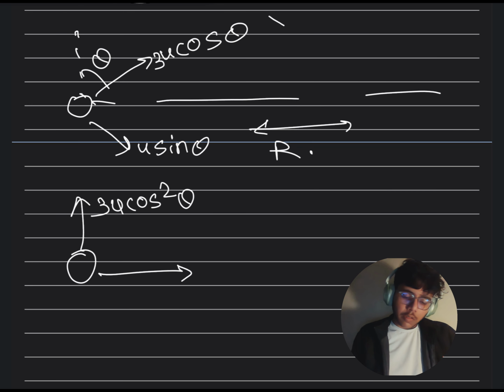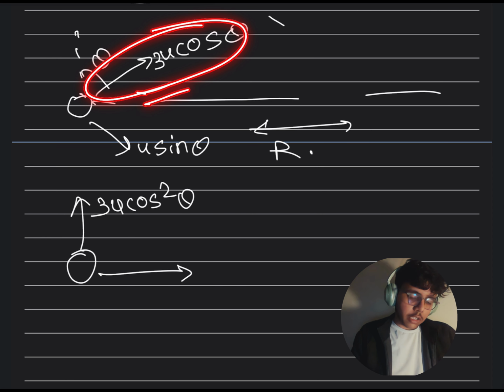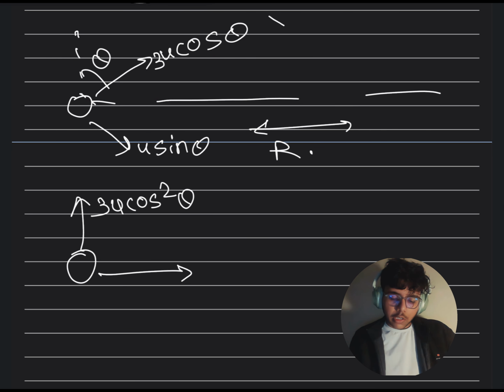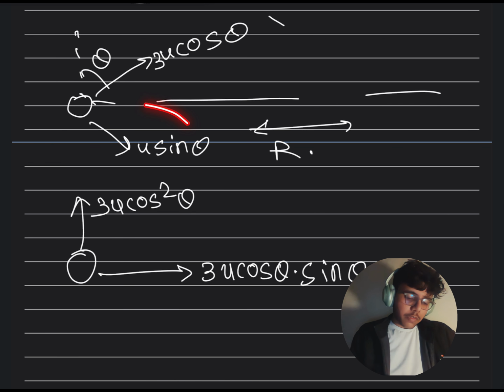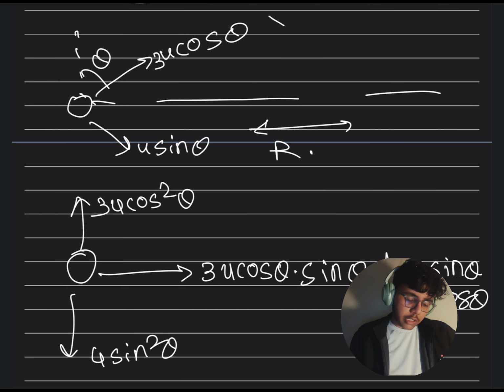In this direction we are making the components of this velocity vector in perpendicular direction, and it would be 3u cos theta sin theta in this direction, and we are making now this velocity vector's components, so it would be u sin theta cos theta in this direction, and it would be u sin square theta in this direction.